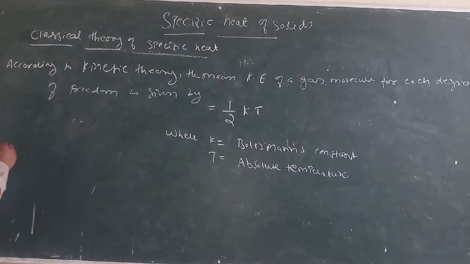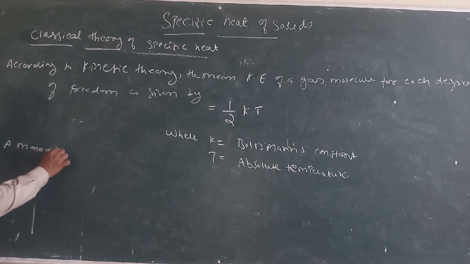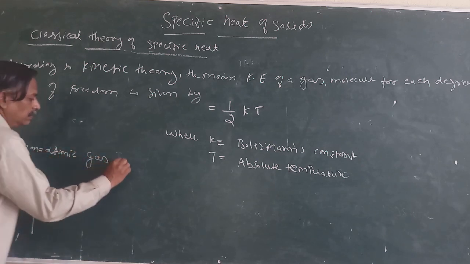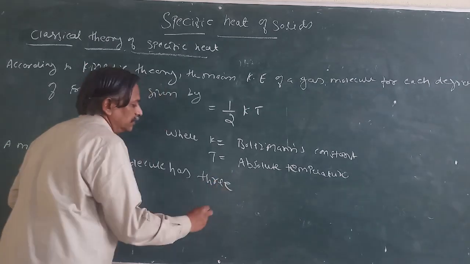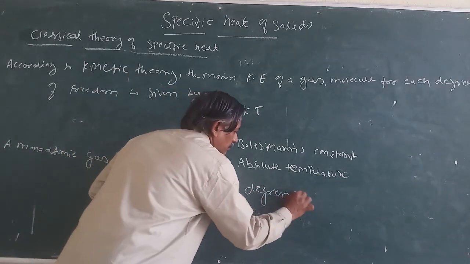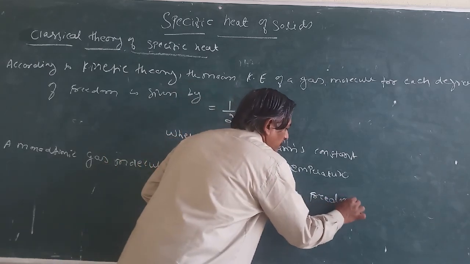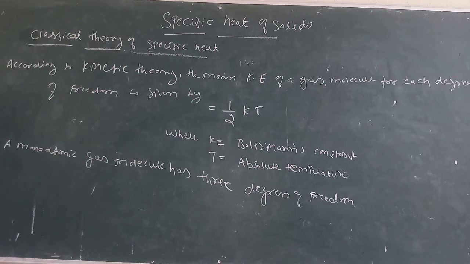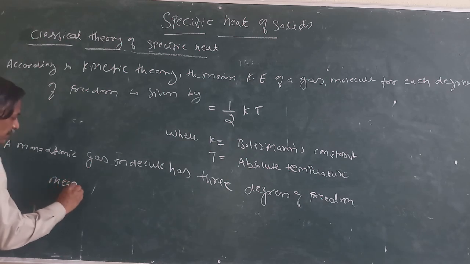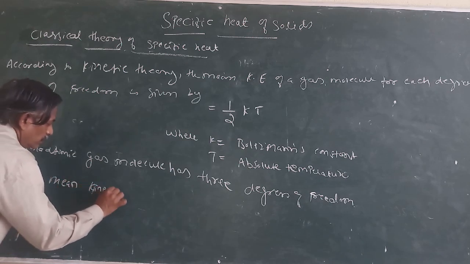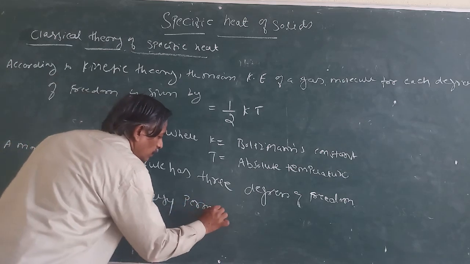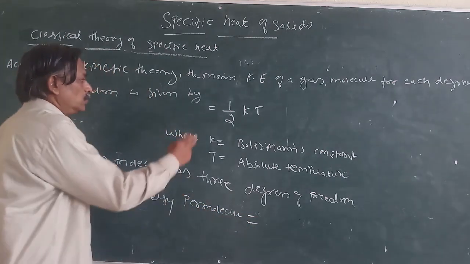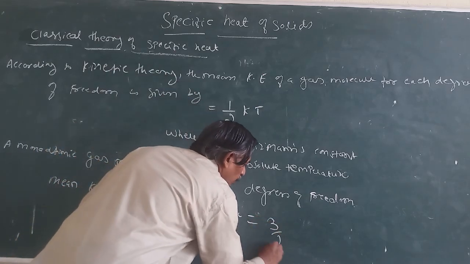So the mean kinetic energy per molecule will be, for that equation, multiplied by 3, that is 3 by 2 kT.